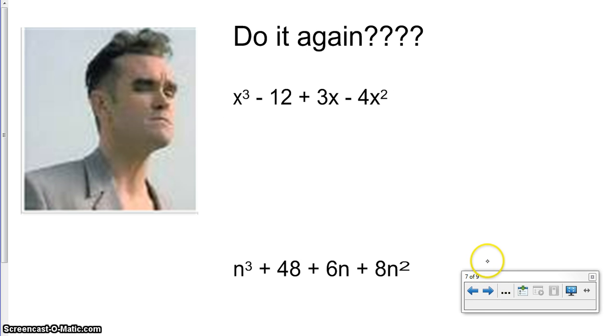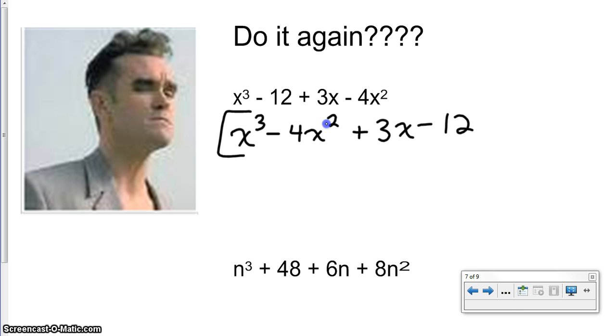Mrs. Rose, would you please do that again? Sure, no problem. Be happy to do it. But there's a problem here. Not written in standard form, correct? So let's write it in standard form. Let's group. Let's remove.